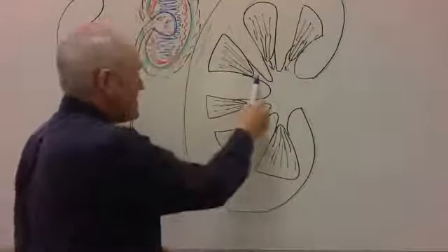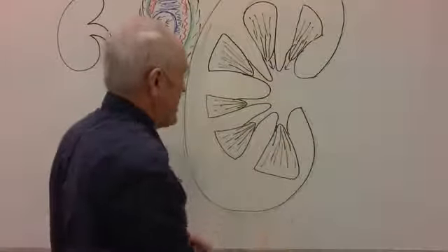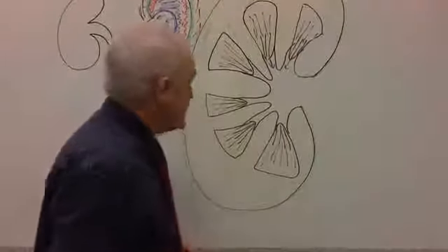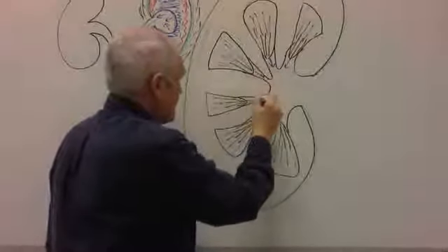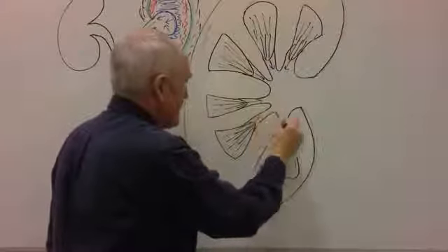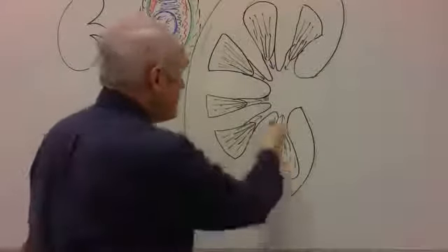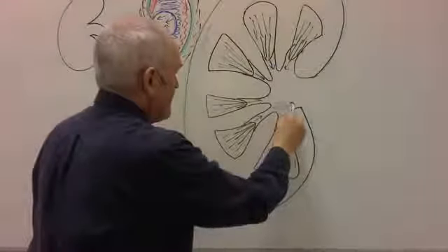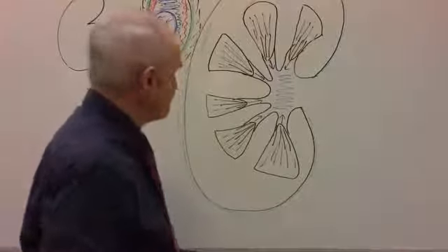And the initial calyces are minor calyces, and they go into slightly bigger major calyces. So these are collecting the urine as it passes out of the apex of the renal pyramids, and the urine from there goes into the renal pelvis.